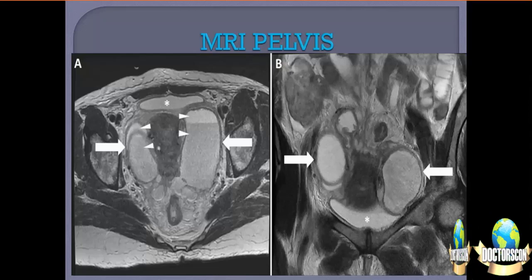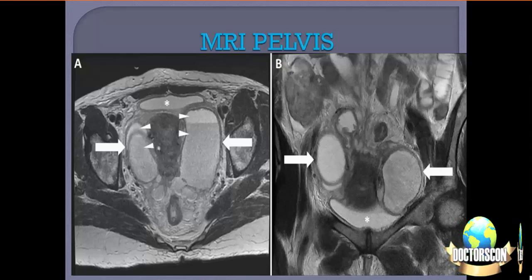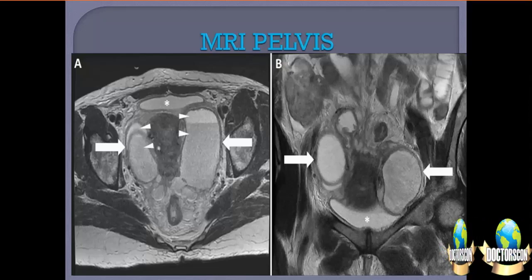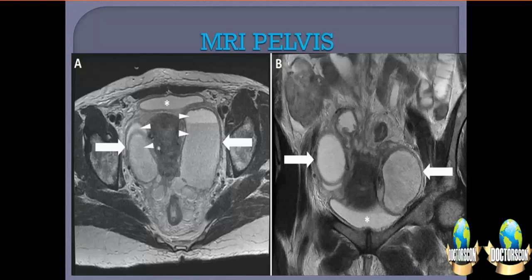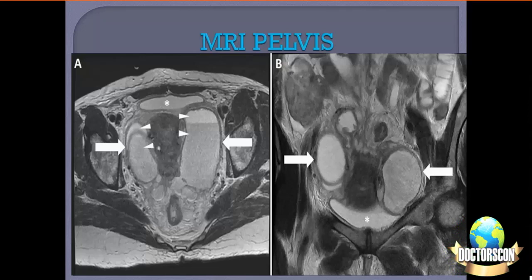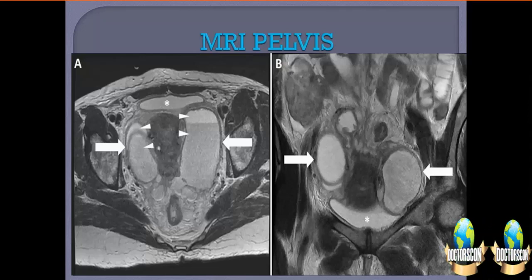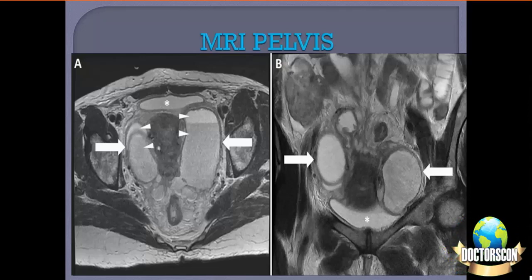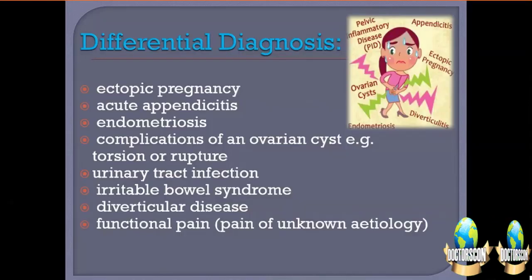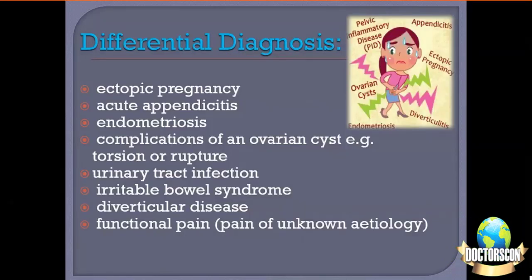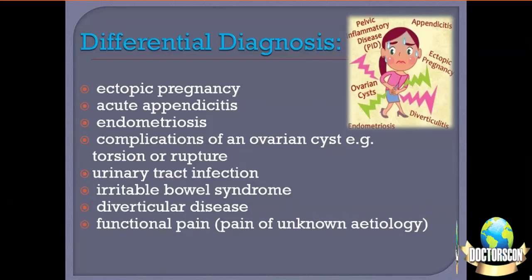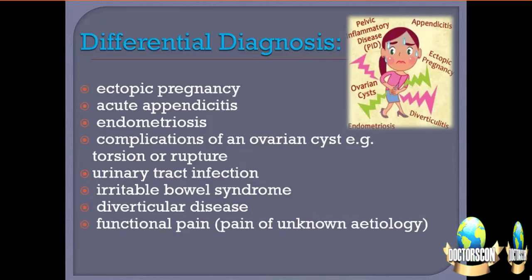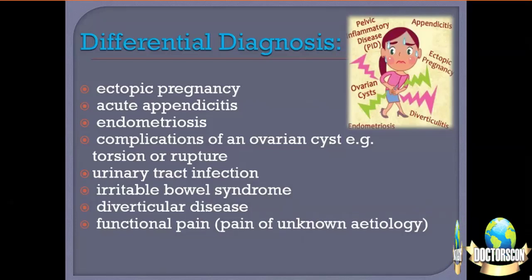Other differentials that are important in gynecological conditions would be, of course, PID, endometritis, ovarian cyst accidents such as torsion or rupture of the cyst, and non-gynecological would be acute appendicitis, irritable bowel disease, diverticular disease, or sometimes an underlying psychological condition, what we call pain of unknown etiology.